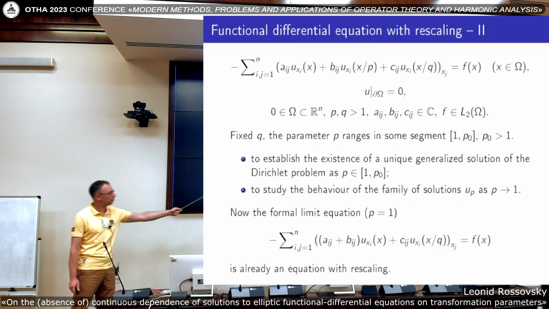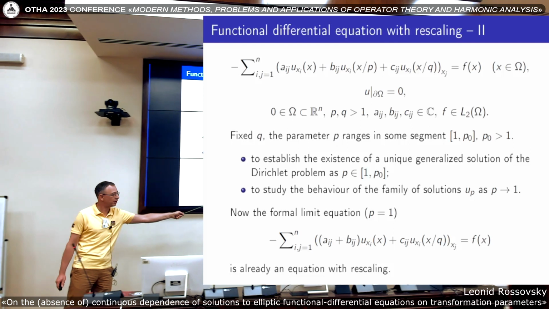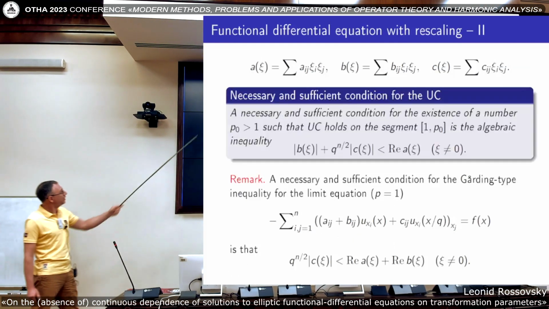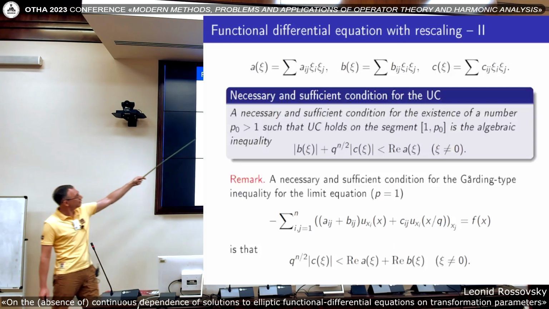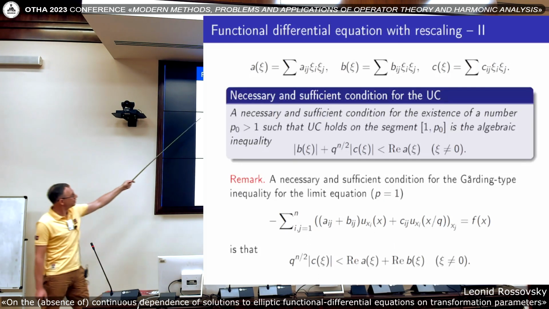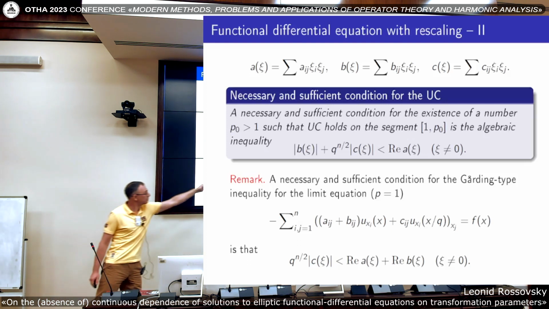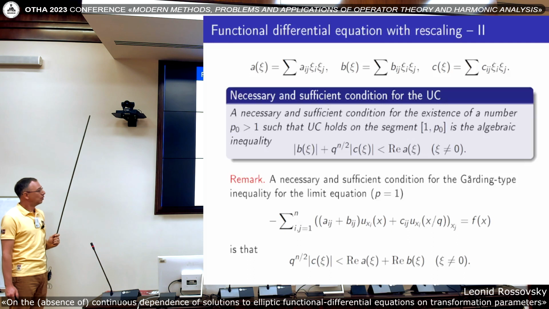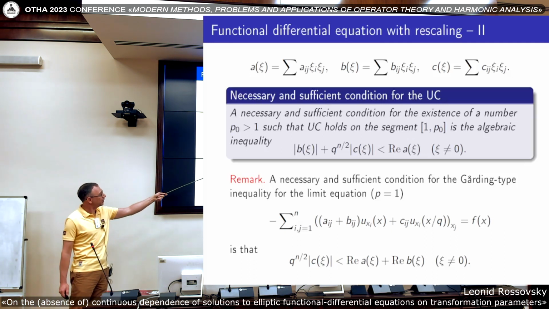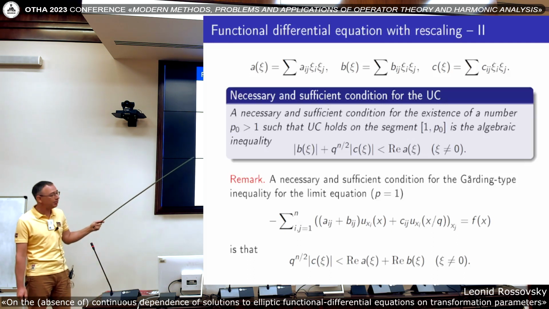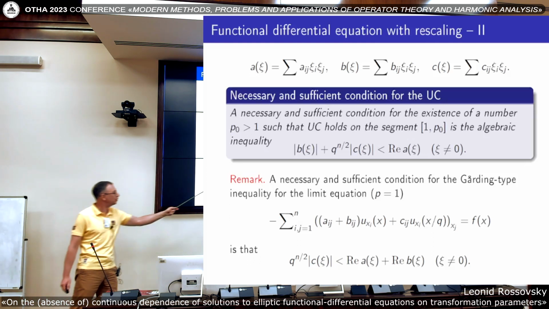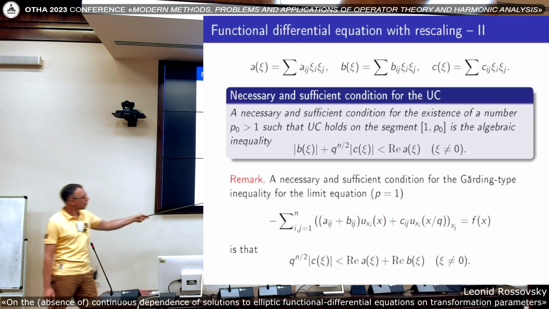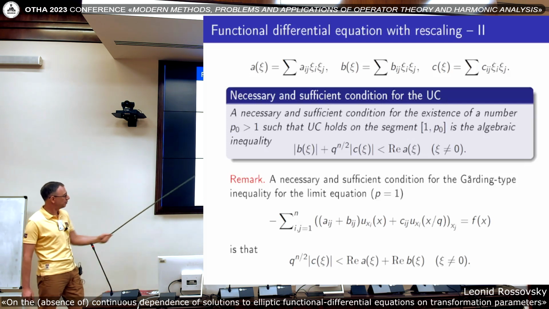Now the formal limit equation is already an equation with rescaling. And here are the necessary and sufficient conditions for the uniform coercivity in this case. While a necessary and sufficient condition for the Gårding type inequality for the limit equation, where P is taken equal to 1, looks as follows. So they are different. This is much weaker.